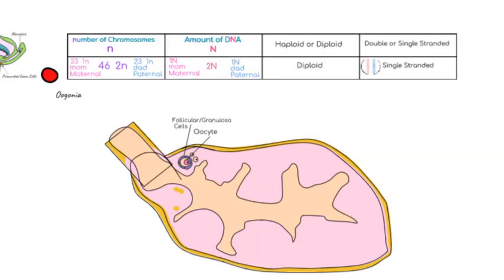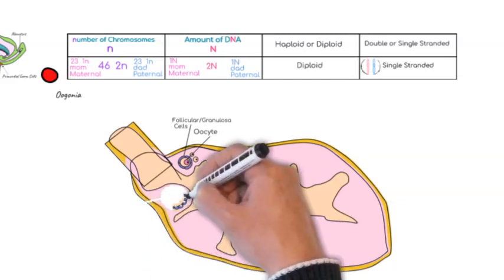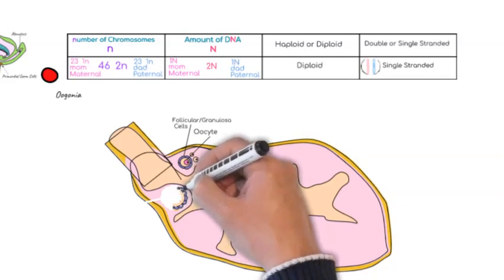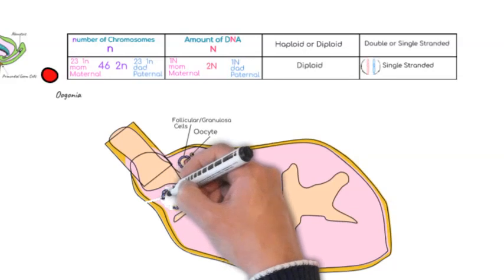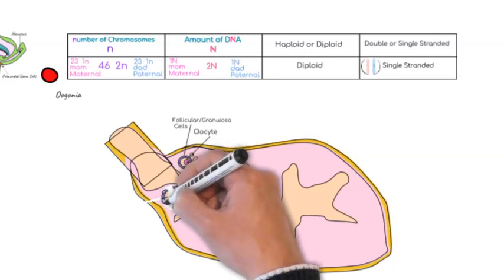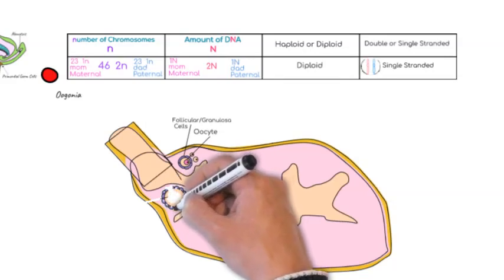And you'll have only one oogonium in a sheet or bag of epithelium cells surrounding it, derived from the surface epithelium of the ovary. So inside your ovary, some cells will form this sheet around the oogonium. These epithelial cells that are surrounding this single oogonium are called follicular cells.